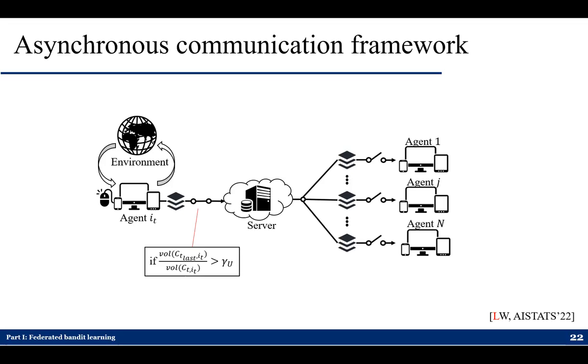Then you send to the server, and then what? Other agents also send the same kind of information? That won't happen simultaneously. Only the agents that find out they have collected enough new data will upload to the server.